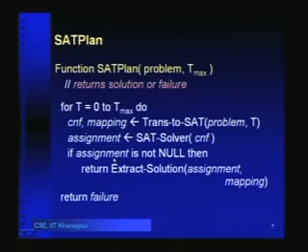If it finds that the assignment is null, then we still do not have a solution, it is not satisfiable. If it is not null, then we do have a satisfying assignment, and then we call the extract solution from the assignment mapping. Effectively, each of our move actions are also predicates.